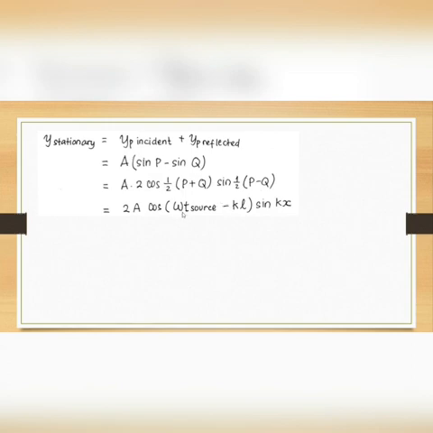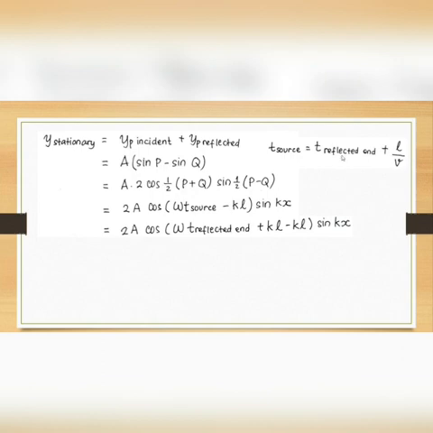And we want to change this T source into T reflected plus L over V. So omega multiplied by T reflected, plus omega multiplied by L over V, which is equal to KL.